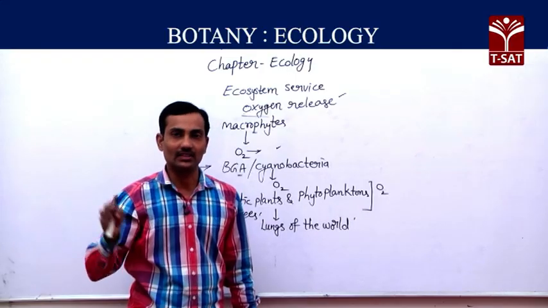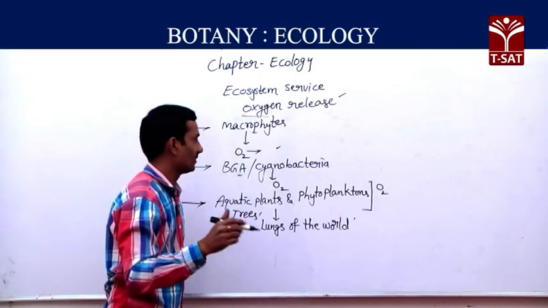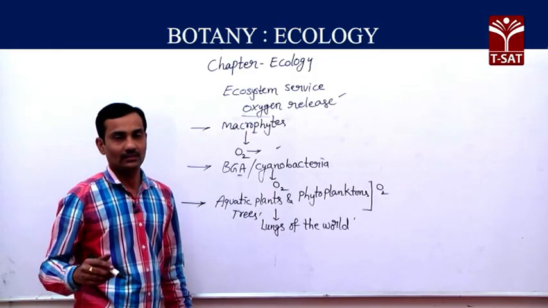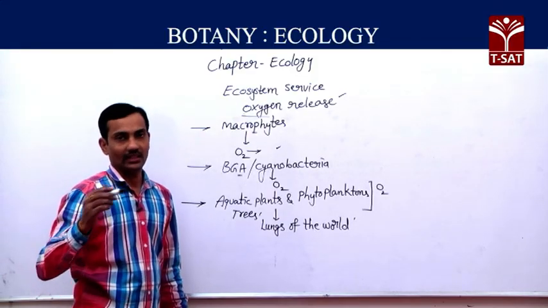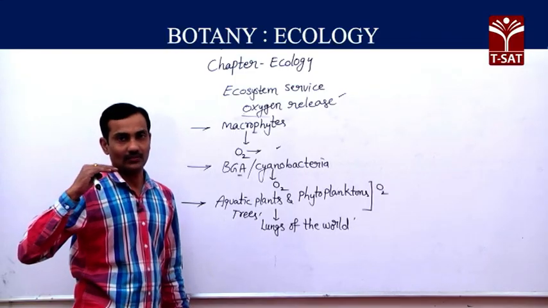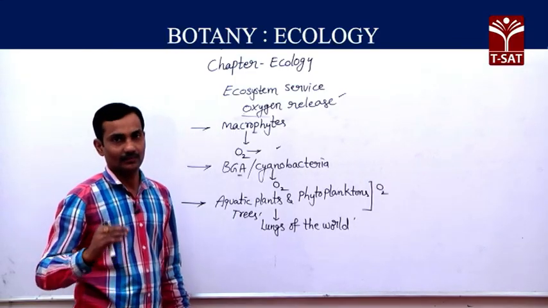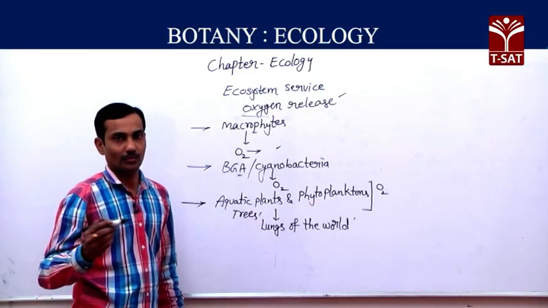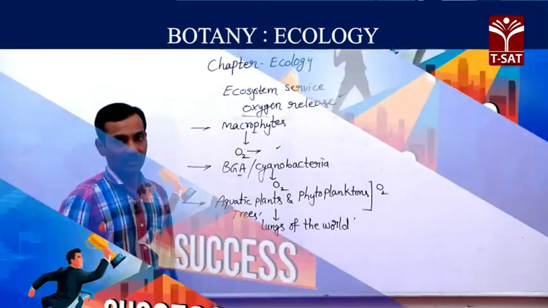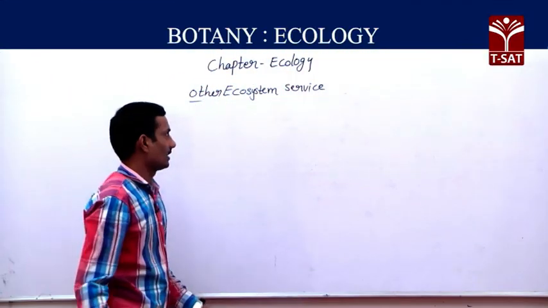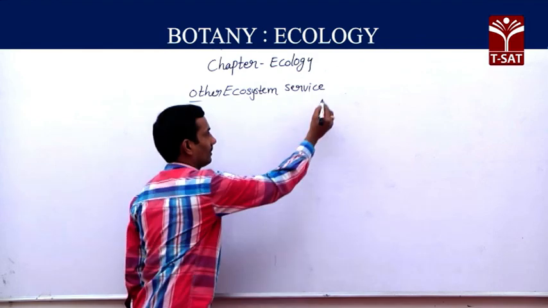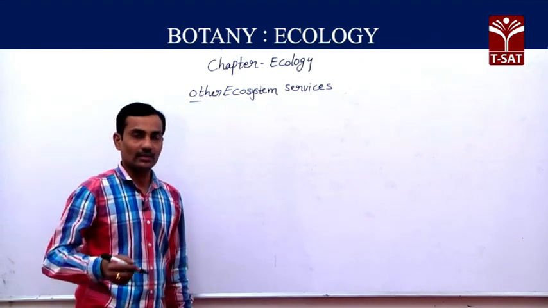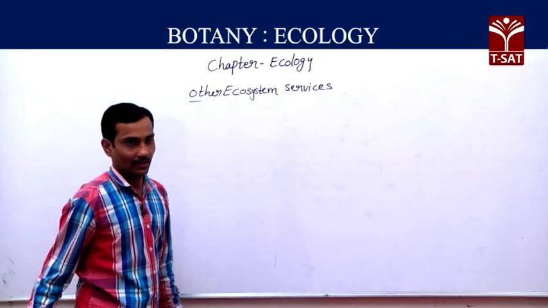That's why we can find oxygen and carbon dioxide in the atmosphere at almost constant percentages, like oxygen 21%, carbon dioxide 0.03 to 0.04%.